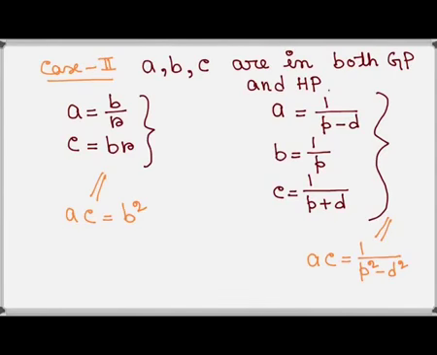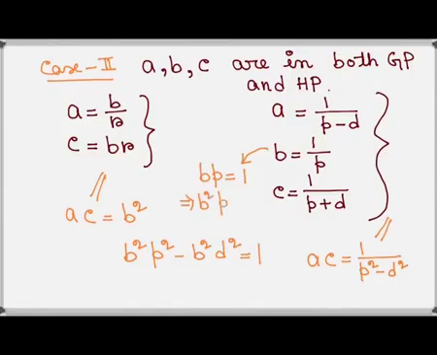So equating this, we get B square P square minus B square D square is equal to 1. Note that from here we have BP is equal to 1. Therefore, B square P square is also equal to 1, and that implies B square D square is equal to 0.